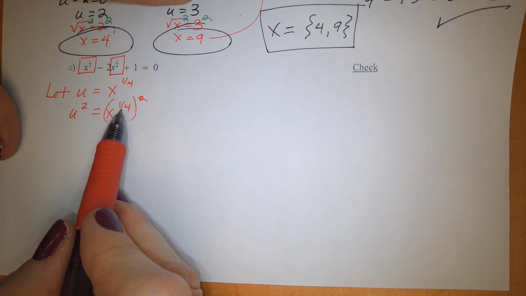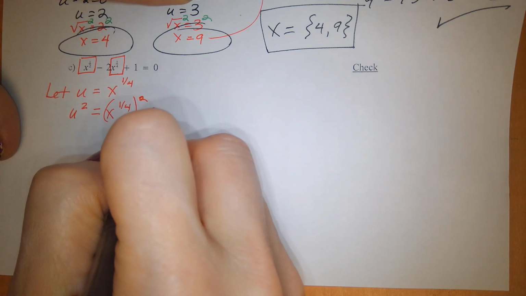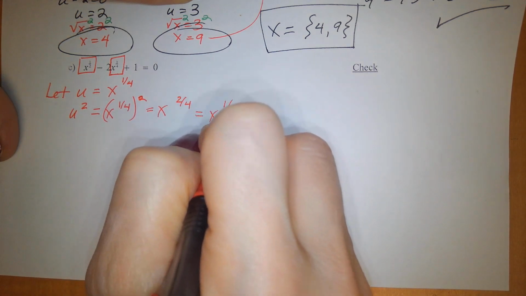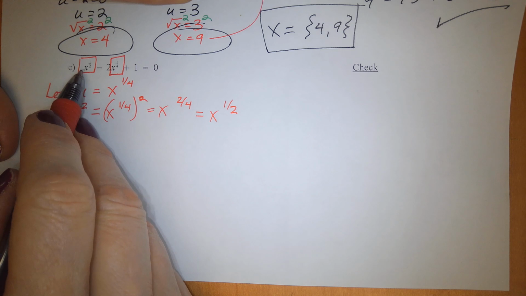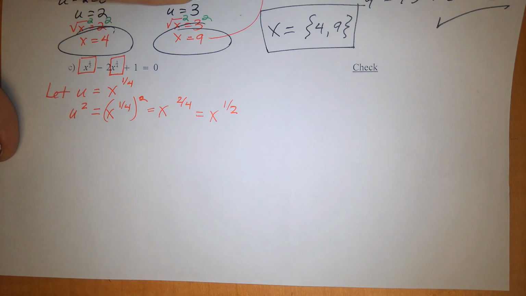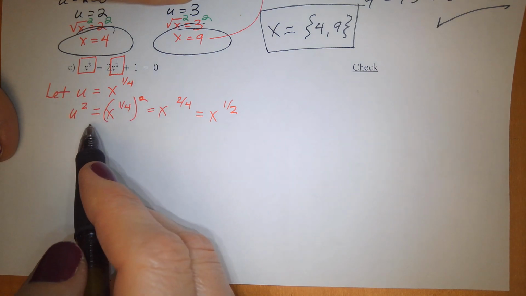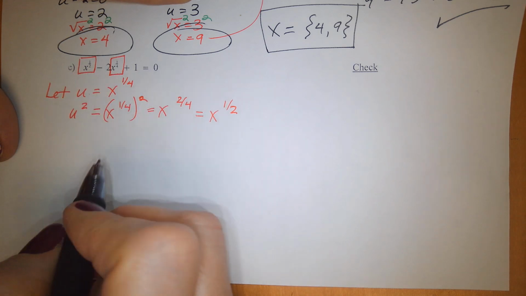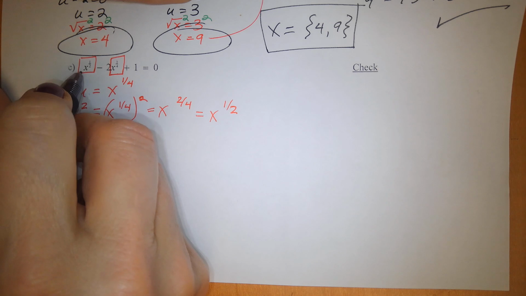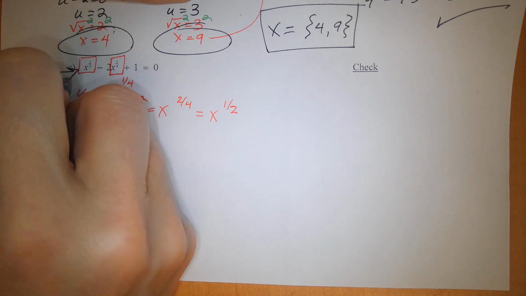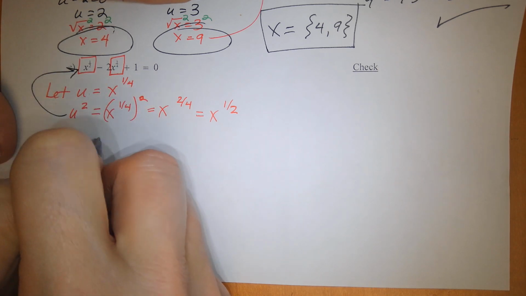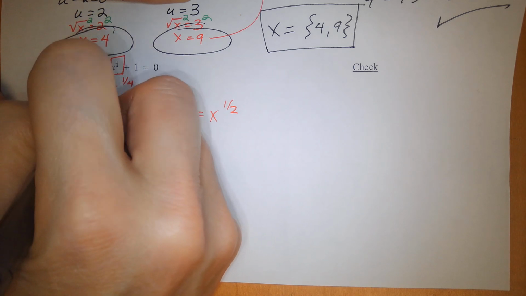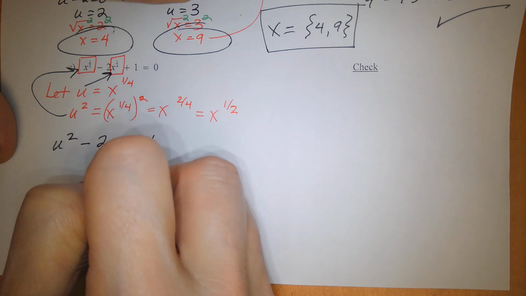And remember, when you have a power raised to a power, we multiply. So this is x to the 2/4, which is x to the 1/2. And you'll see that that does in fact equal the first term. So we can use the substitution method since both u and u squared equal the middle and the first term. So we're going to rewrite this as u squared for this term, minus 2 times u, which will be the second term, plus 1.